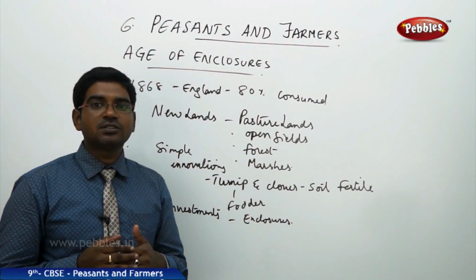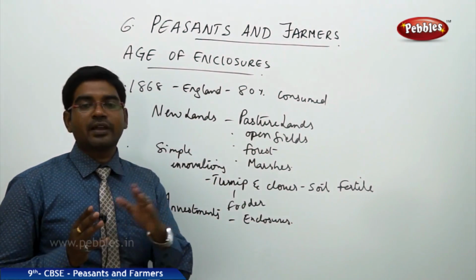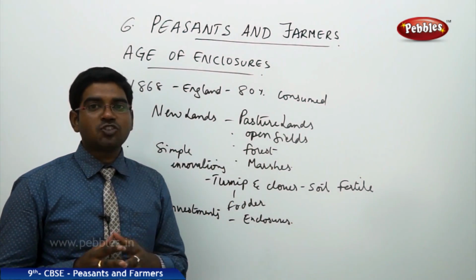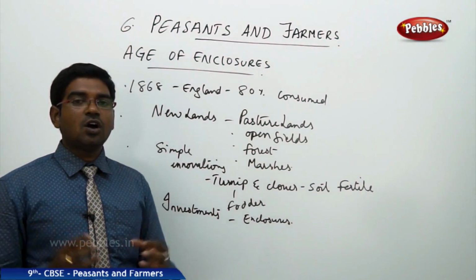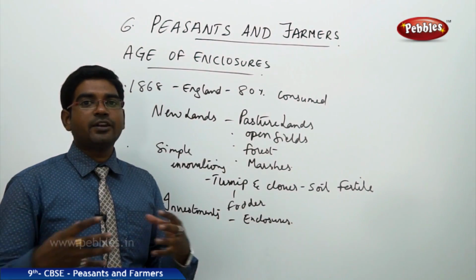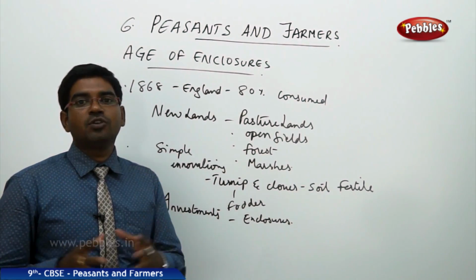Then the open fields which were given to the common people were also taken off. Forests were cut down and converted into cultivable lands. Then marshy tracts were also occupied and brought under cultivation. So wherever land was available, they started to grab it and increase the production of food grains on it.